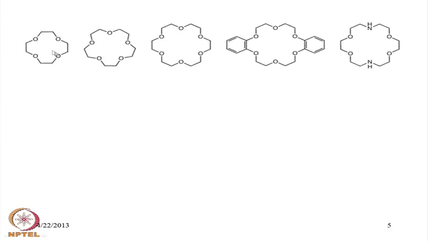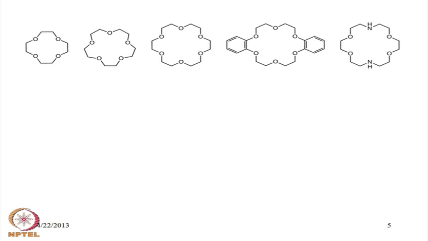Similarly, if we just simply go from nitrogen to oxygen, which is not so strongly coordinating to the metal center, but we can have very poorly donating ligand system, but which is cyclic in nature, like the binding of the ether.